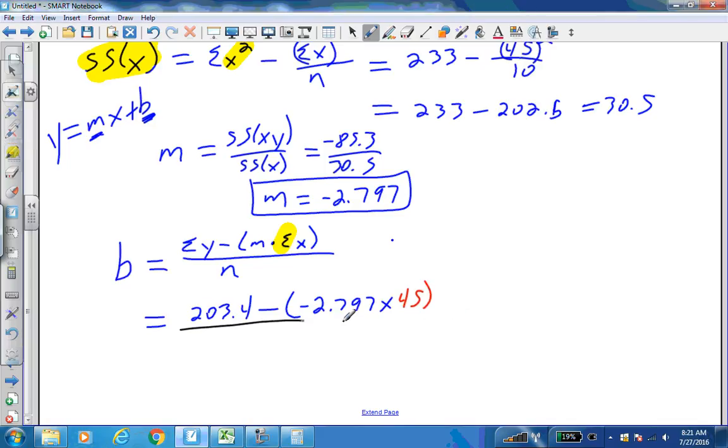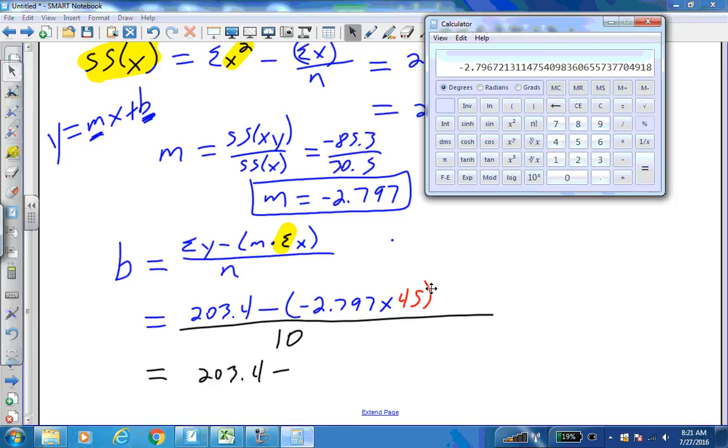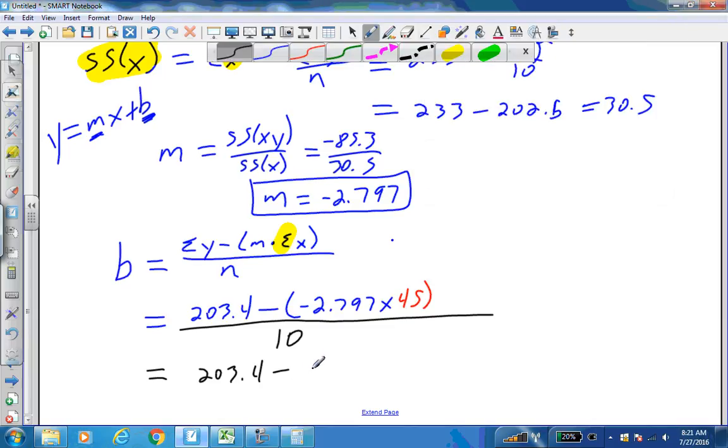And then that's divided by the number of data points, 10. So in parentheses, if we multiply our slope, negative 2.797 times 45, we get negative 125.865.